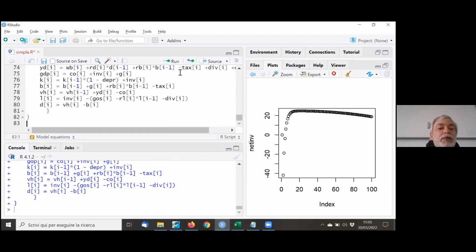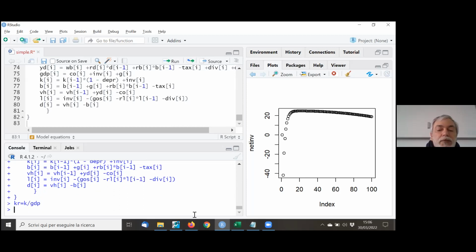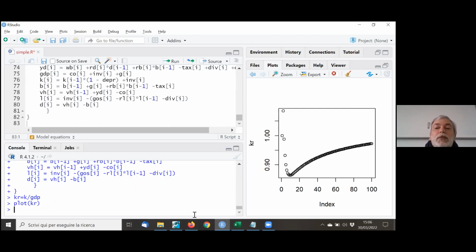Let's look at what happens now. But it's always trying to converge, but not converging yet.